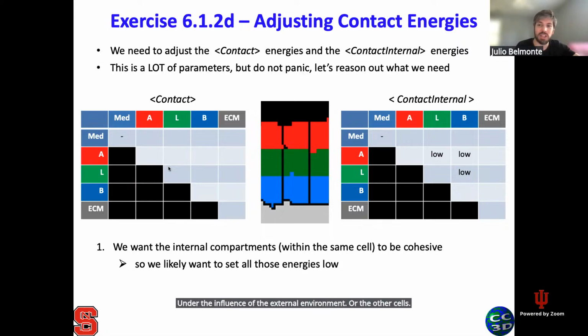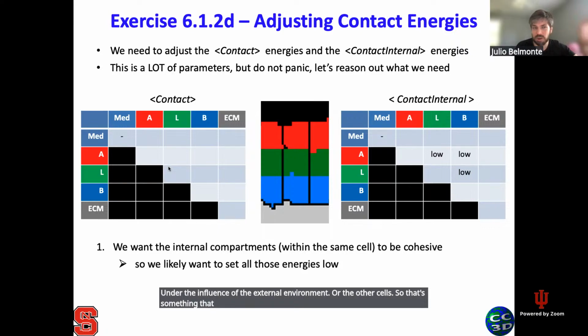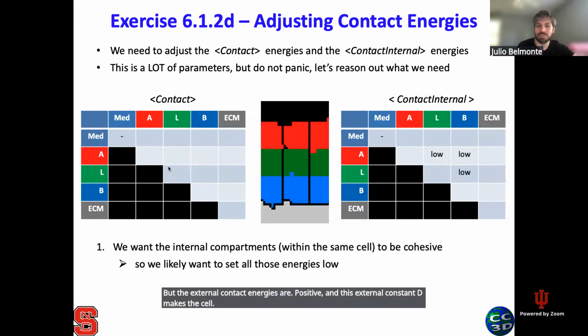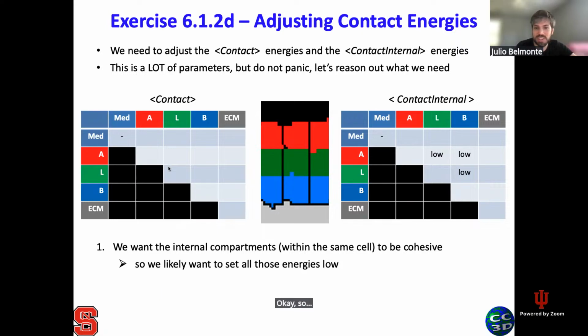That's something we use, for example, to model planar cell polarity. The cells are mixed internally, but the external contact energies are positive, and this external contact demixes the cell. It's a technique you can use to make things more dynamic.